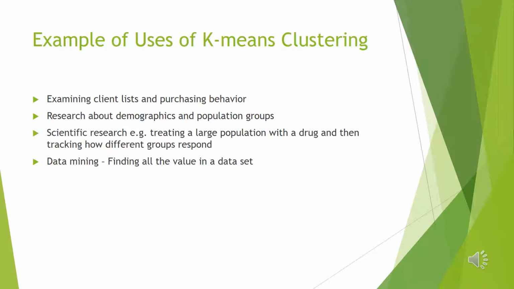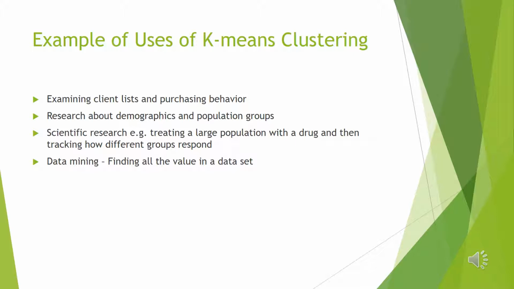Scientists often use k-means clustering and other clustering algorithms to identify things such as, if you're treating a population with a drug, what side effects might be presenting themselves, and what other factors those individuals share if they're experiencing side effects or not. And then there's data mining, which is another thing we talk about when we talk about big data.